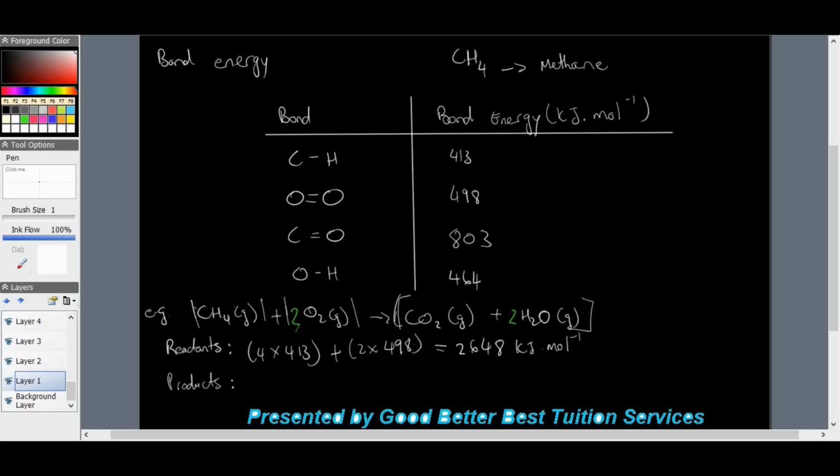So here I've got CO2, so I've got 2 of these double bonded carbon to oxygen, so 2 times 803, plus, and I've got 2 times H2O.